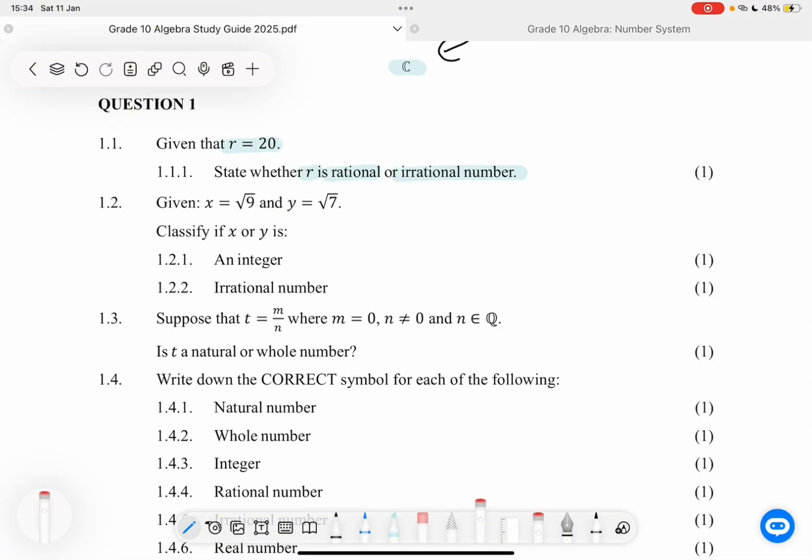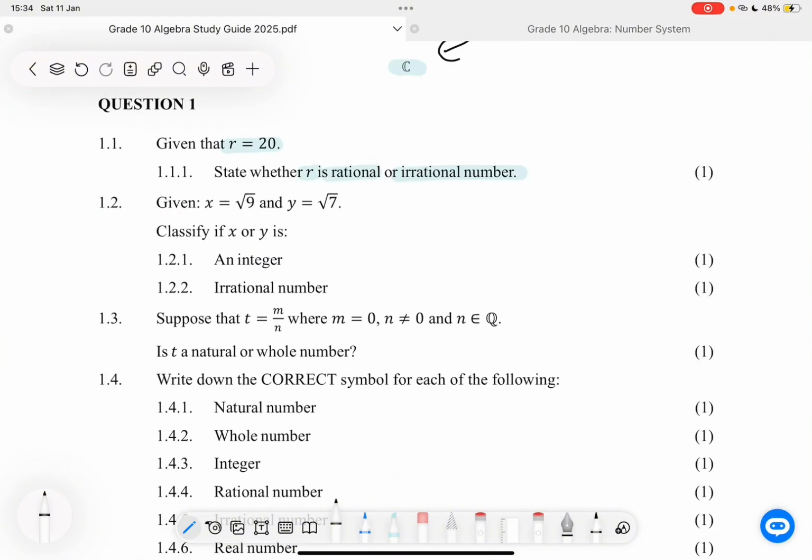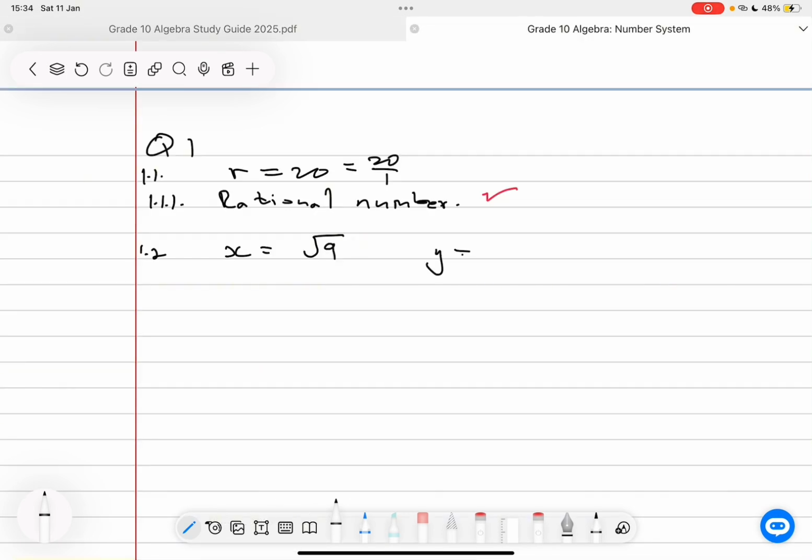That says that given that x is equal to the root of 9, so we are in 1.2 and we are told that x is equal to the root of 9 and y is equal to the root of 7.